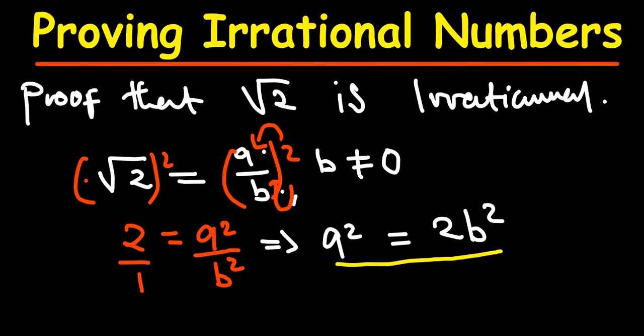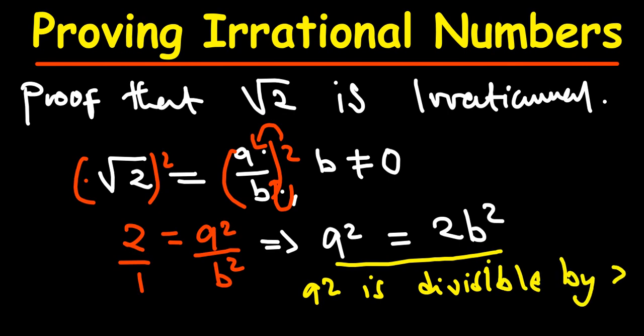What does this mean here? If I have a squared which is equal to 2b squared, it means this a squared is divisible by 2. What does that mean? Let's say I have 6, and this 6 is equal to 2 multiplied by 3.